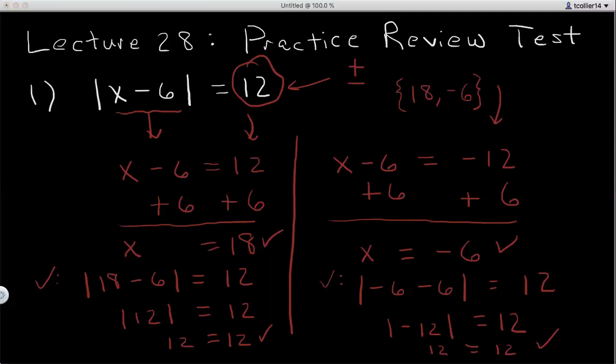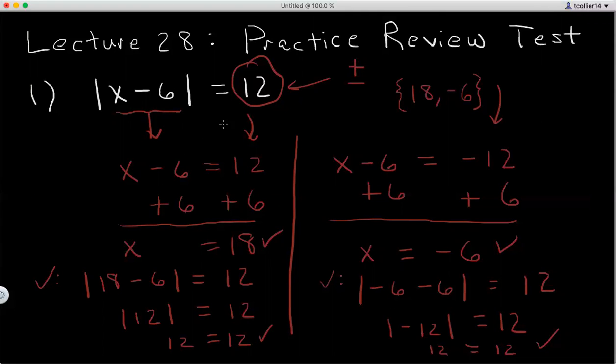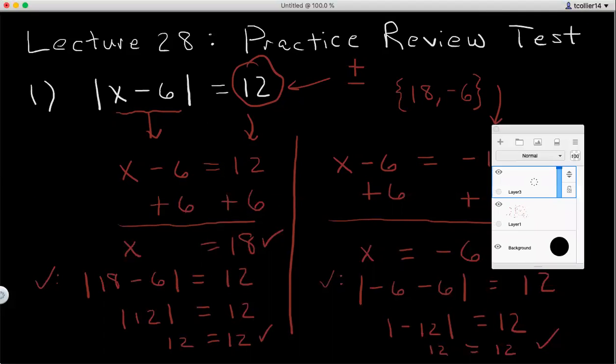So we'll see if I can make a new layer. Maybe that's what I need to do. Add a layer? Can I do that? We'll see. Okay, but I'm still on this layer, so maybe I need to check it.